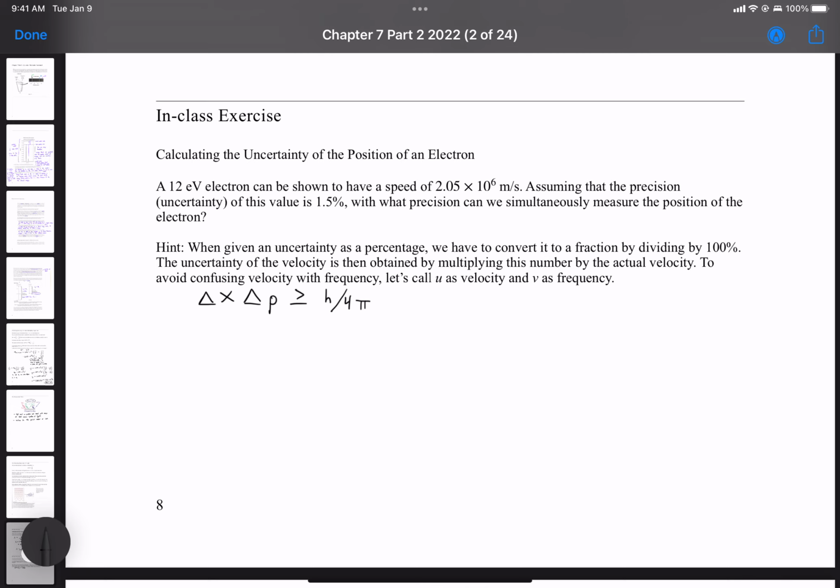Another way we can think about it is delta x times delta p equals h over 4 pi.